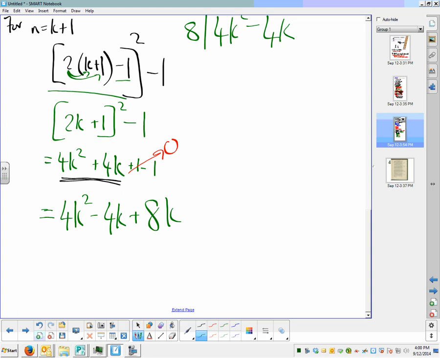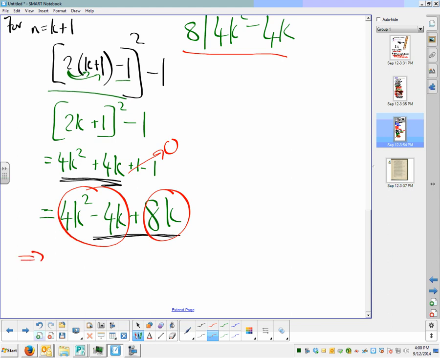Hopefully, you can see that these two things are the same. Minus 4k plus 8k makes plus 4k. What's the point of doing that? Well, the point is that 8 goes into that first thing because of our assumption. That was our assumption from the start. And 8 goes into this because it's being multiplied by 8, so it's in the 8 times table.